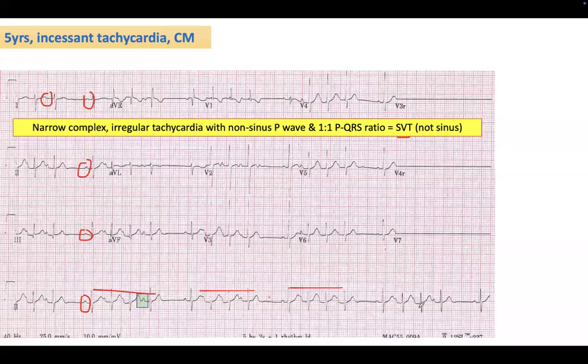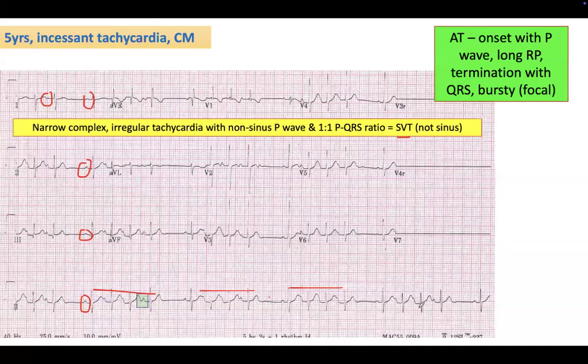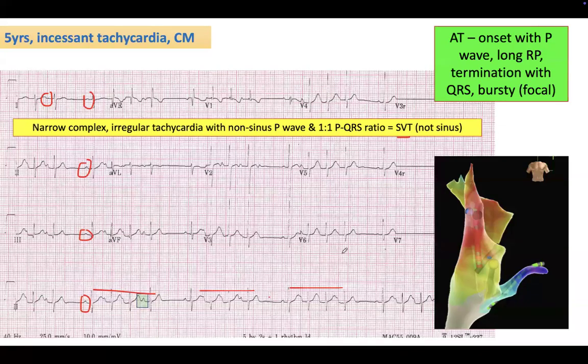This patient underwent ablation, and there was an abnormal origin of his P waves up near the SVC-RA junction, and he was ablated at this location, and the function normalized slowly thereafter.